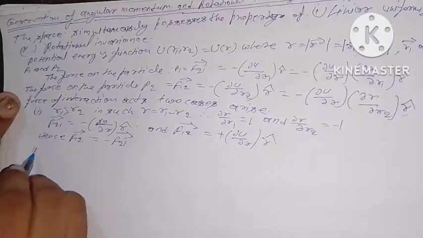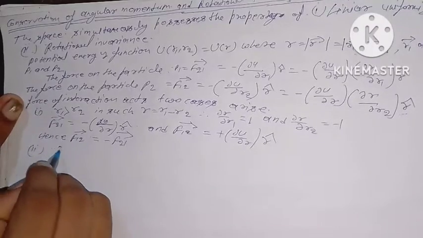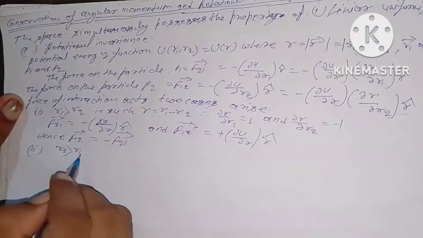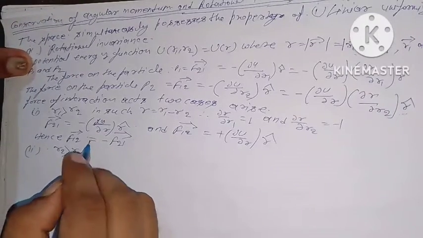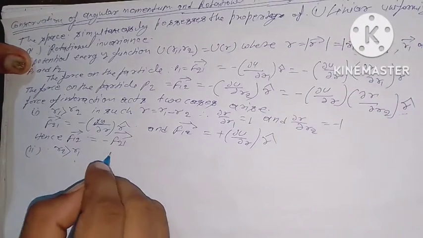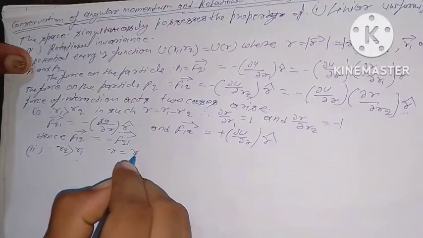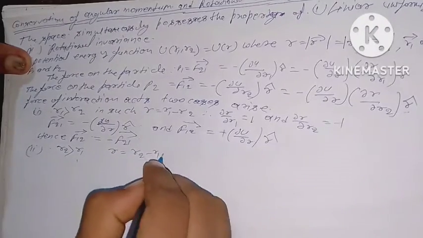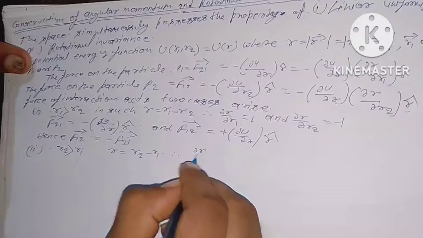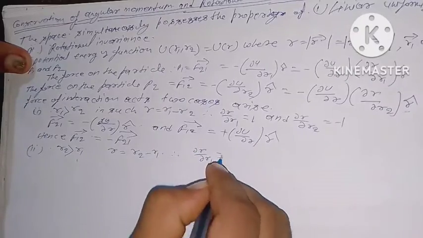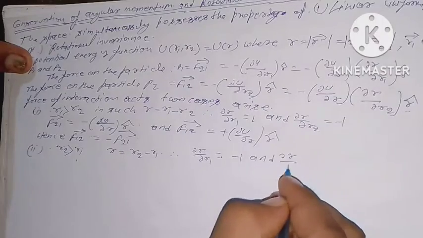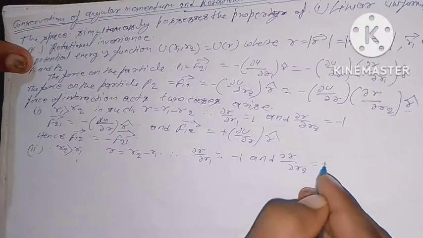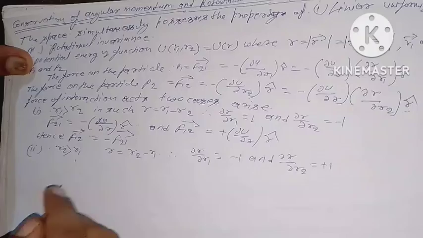Second case: if r2 is greater than r1, or r1 is less than r2. In such a case r equals r2 minus r1, but del r upon del r1 equals minus 1 and del r upon del r2 equals plus 1.